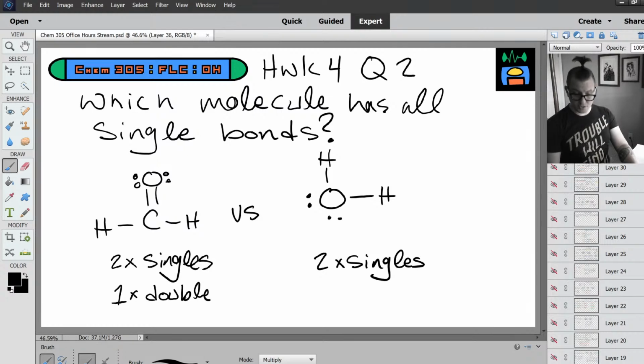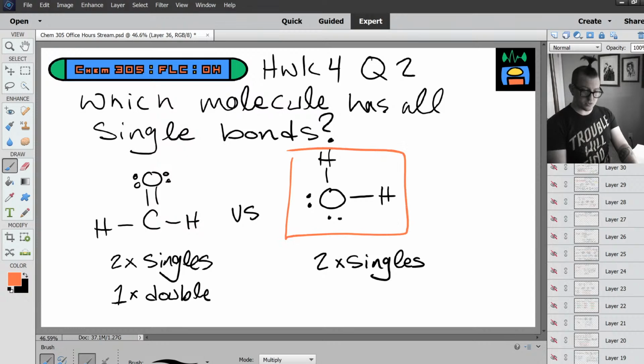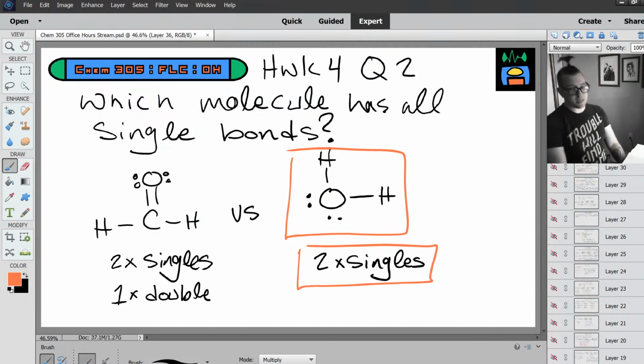That's the only type. So we would say that water has all single bonds because the single bond is the only type of bond present in the molecule. Does that make sense?